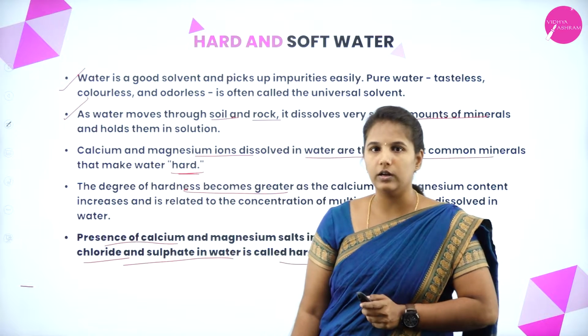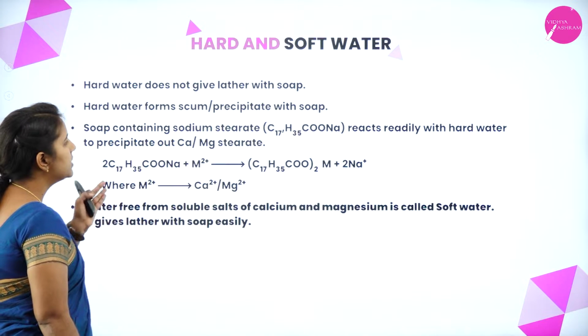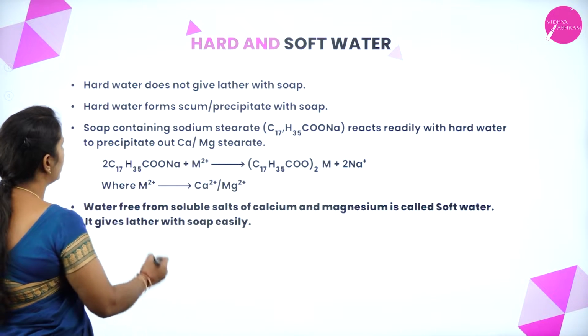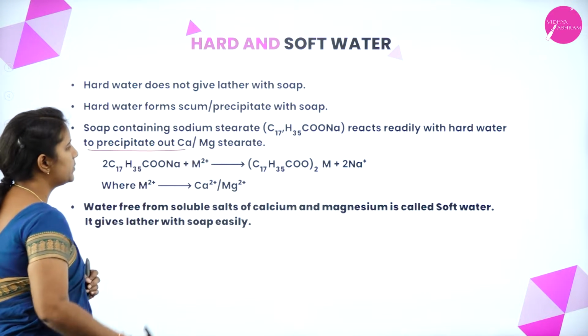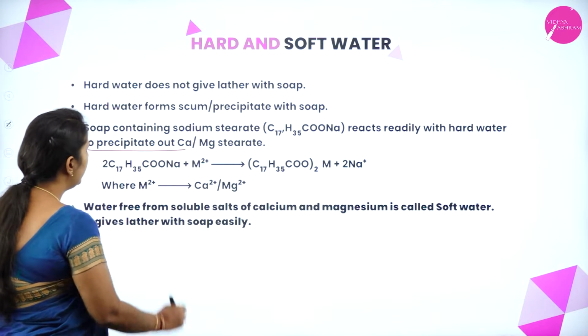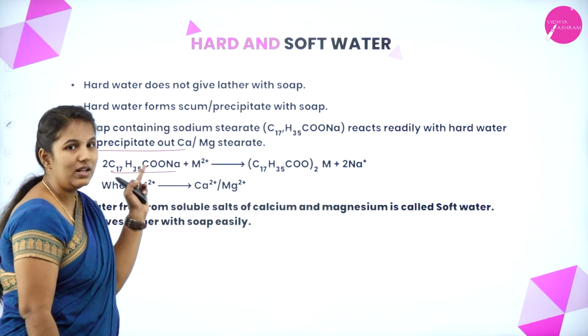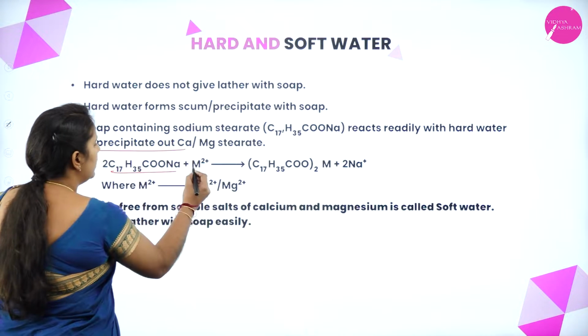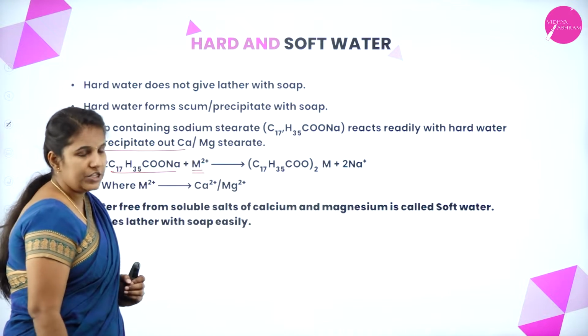Hard water. Soap containing sodium stearate readily reacts with hard water and forms a precipitate of calcium and magnesium stearate. Here you can see that this is the stearate of soap reacting with the calcium or magnesium ions.